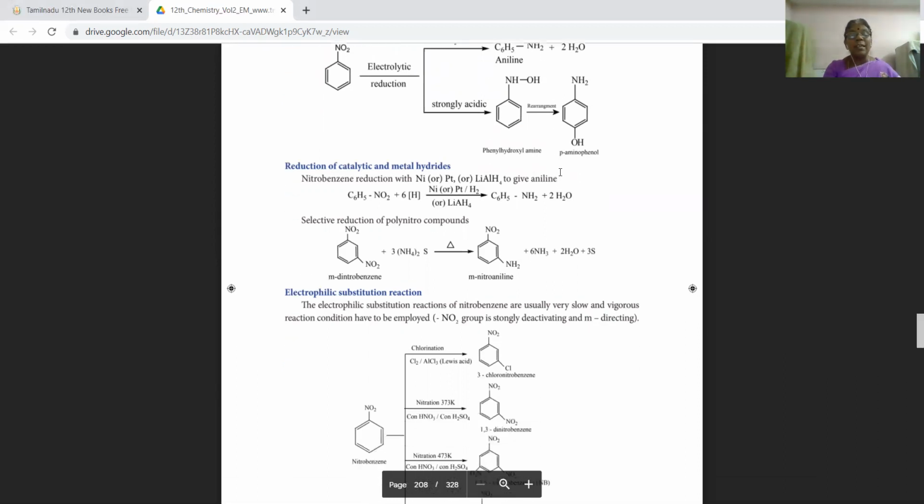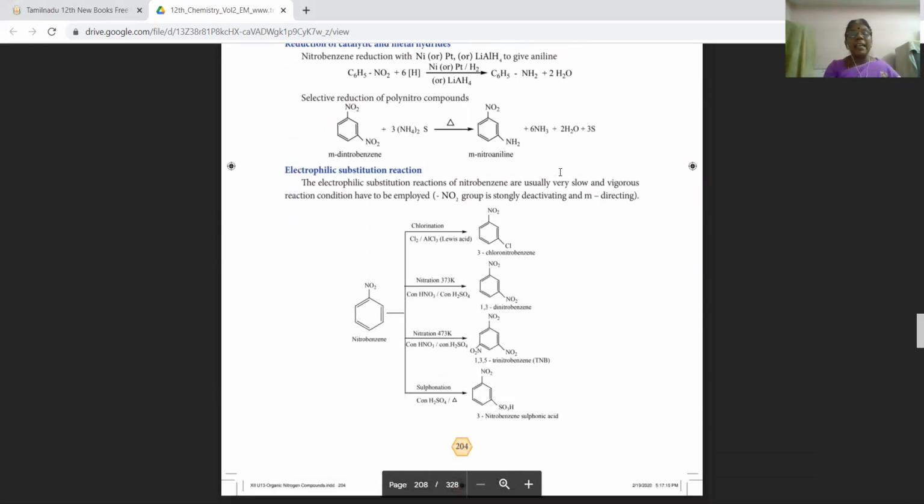Next is electrophilic substitution reaction. The electrophilic substitution reactions of nitrobenzene are usually very slow, so vigorous reaction conditions have to be employed. The NO2 group is strongly deactivating and meta-directing. Nitrobenzene, if it undergoes chlorination, you will get meta-chloronitrobenzene, and the nitration taking place at 373 Kelvin means you will get 1,3-dinitrobenzene.